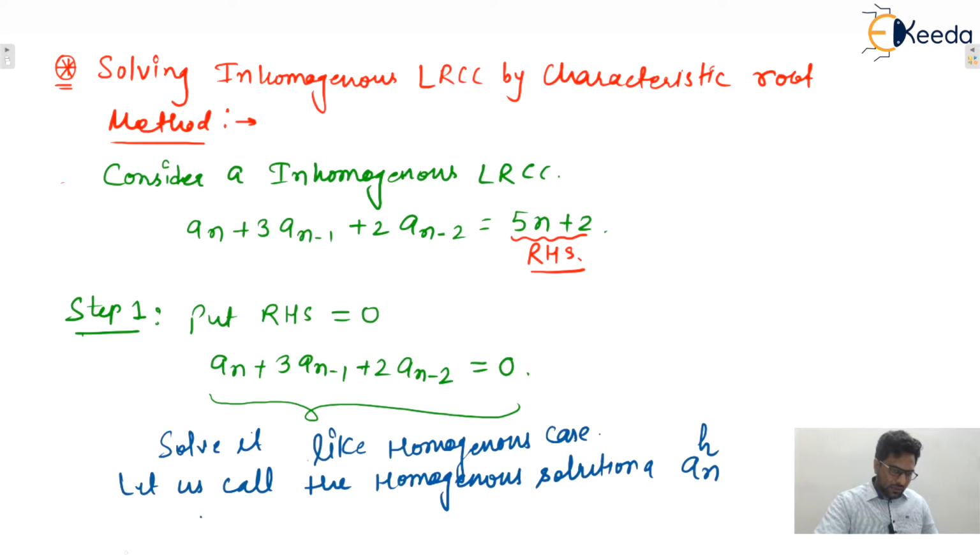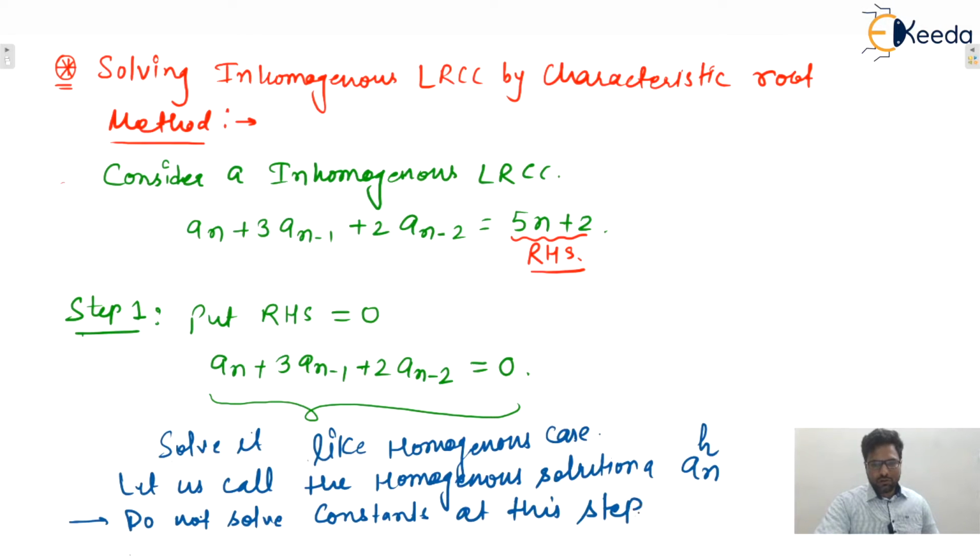Also remember, write down one note: do not solve constants at this step. So do not solve constants at this step, guys. This is the procedure. Whenever we take one example, everything will be clear to you. There won't be any problem.